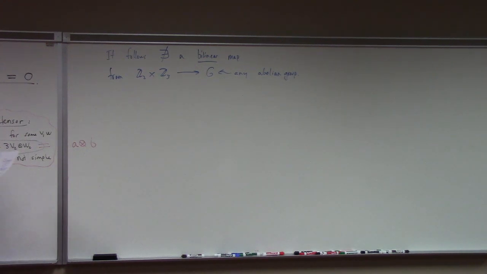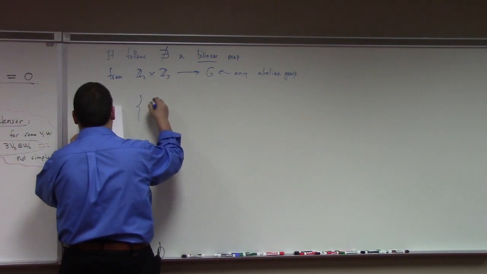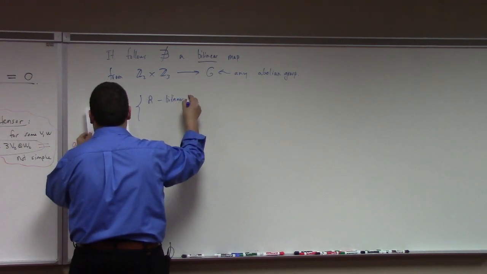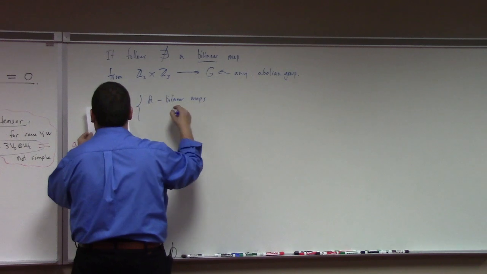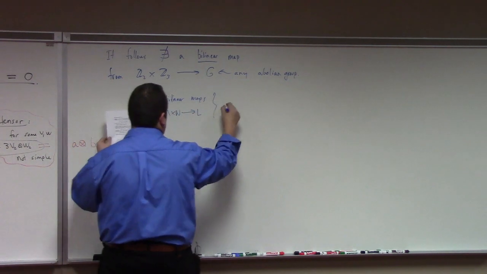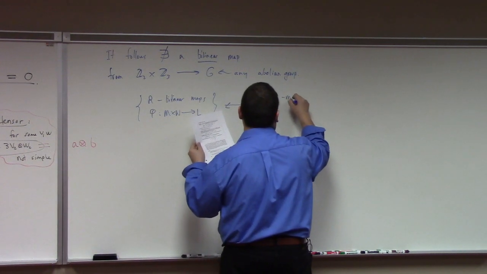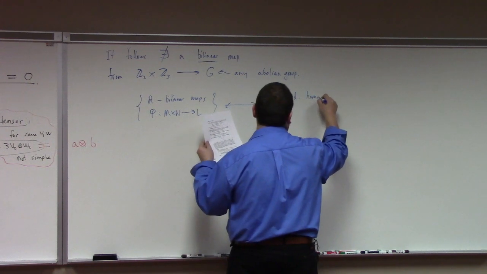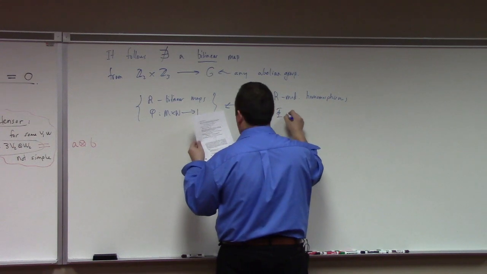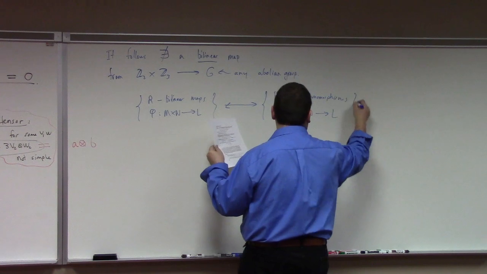I'll just remind you again: R bilinear maps, say from M cross N into L, correspond to R module homomorphisms phi going from M tensor N into L, right?